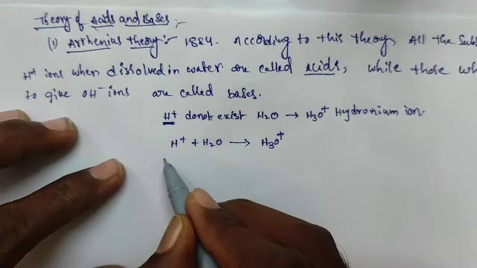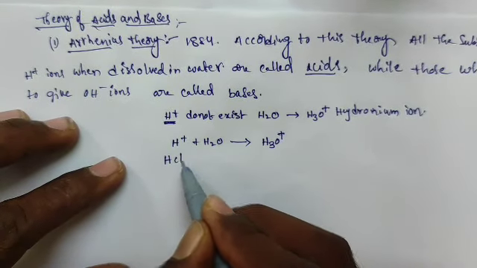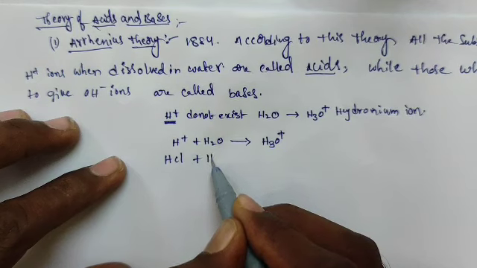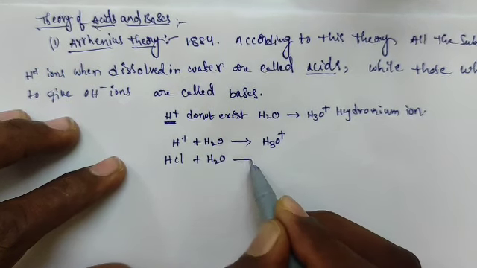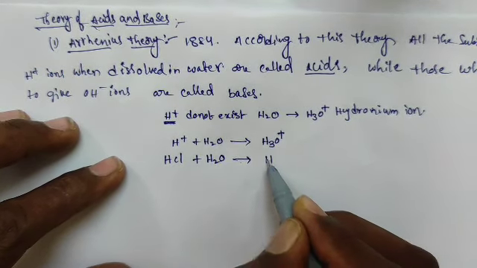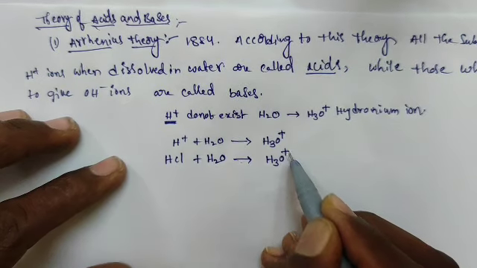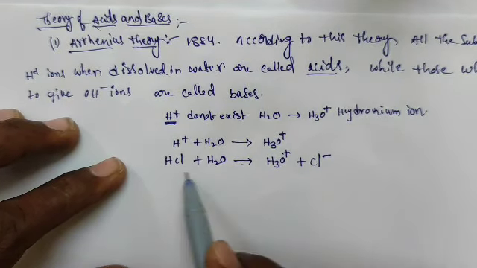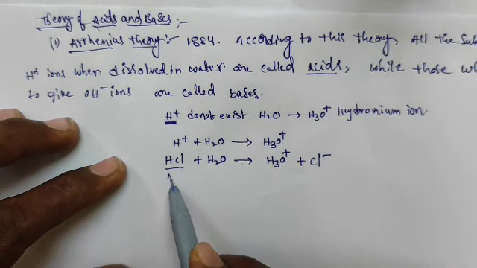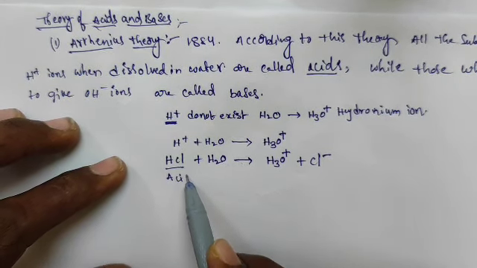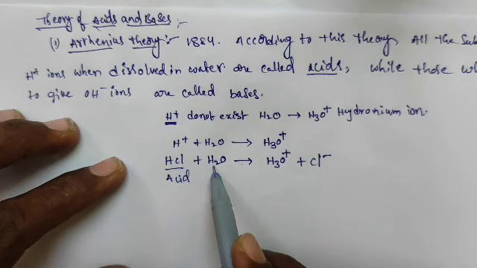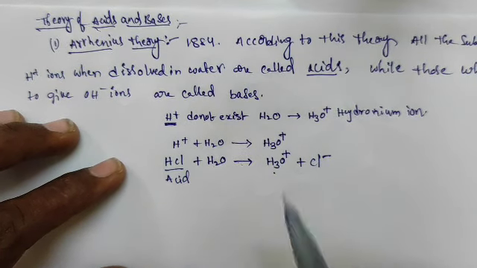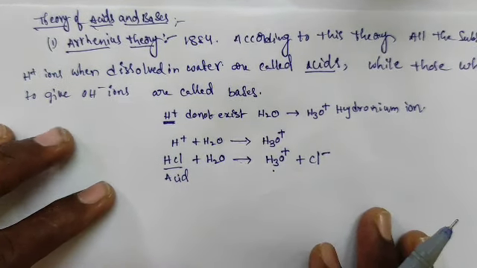The next, which substance when dissolved in water releases H3O plus or H plus, Cl minus. Here this is acid, which is dissolved in water to release H plus ion.